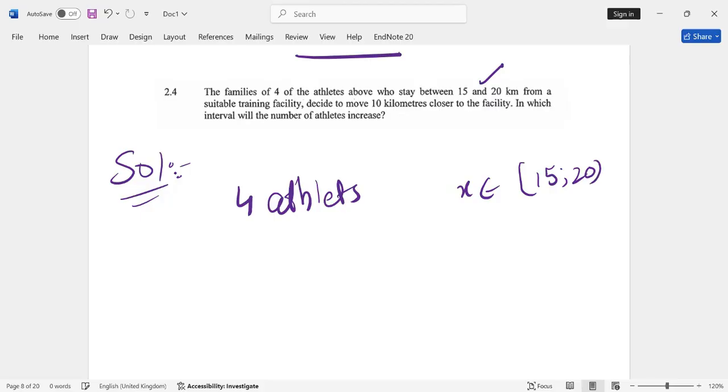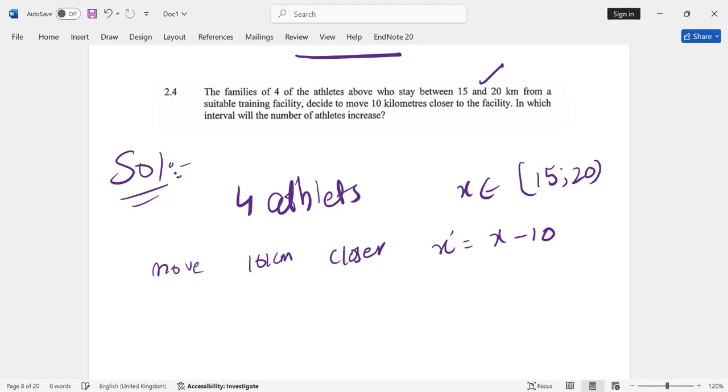All right, and when they move 10 kilometer closer, okay, the new distance will be x prime equals to x minus 10.